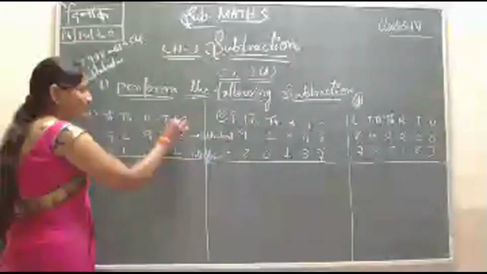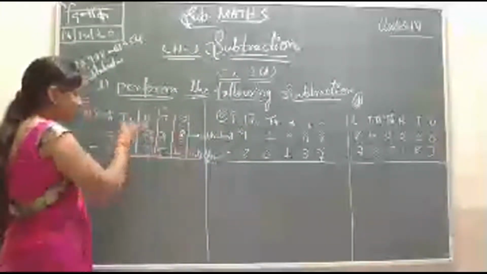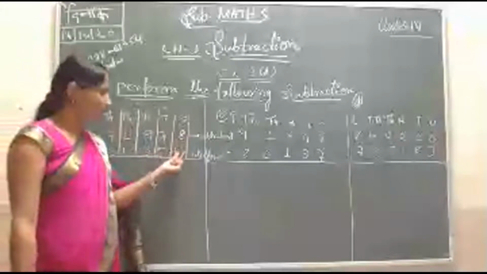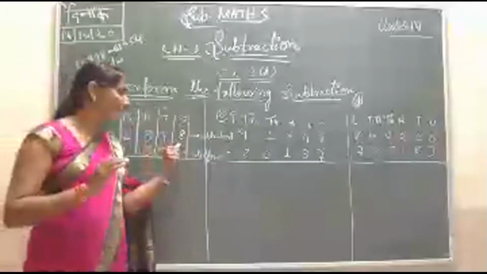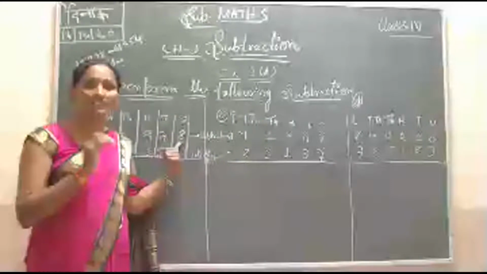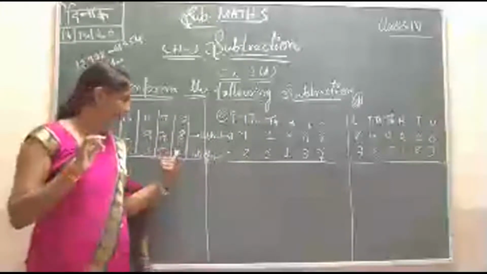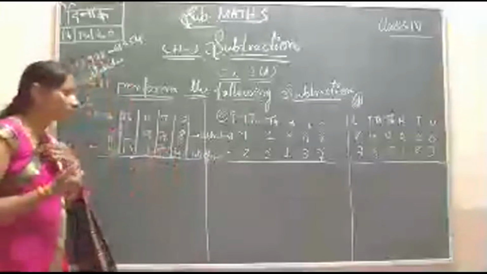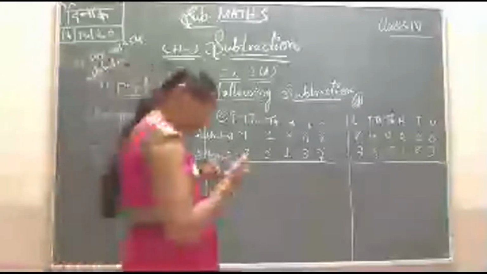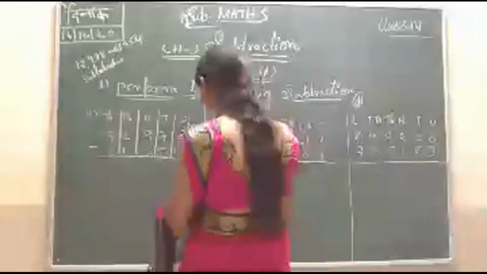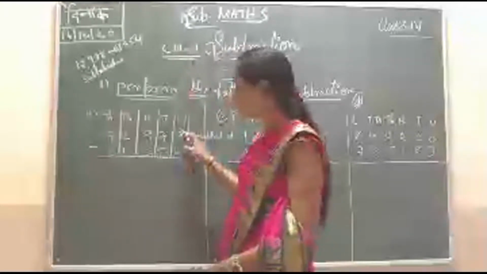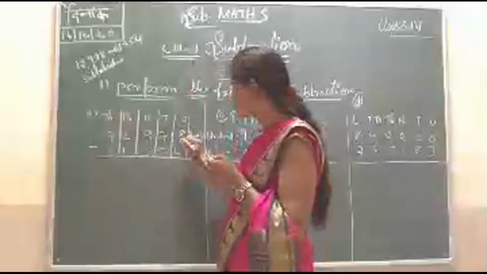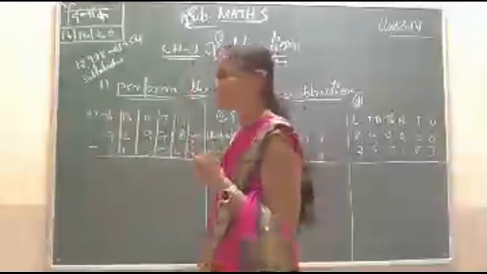First, how to solve the ones place. What is given in the ones place, 8 and 4. Can you observe, students? The upper number is 8. Is it bigger or smaller? 8 is bigger, but 4 is smaller. Because you have to do the subtraction, sometimes the small digit is given on top, and then you have to borrow. But if the big number is given on top, there is nothing to worry about.